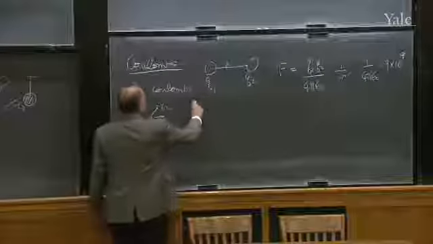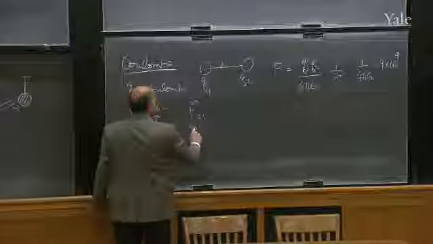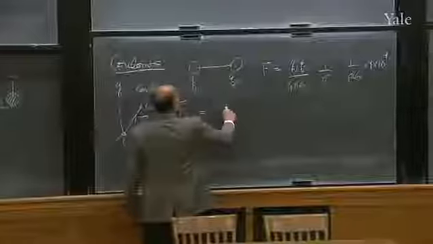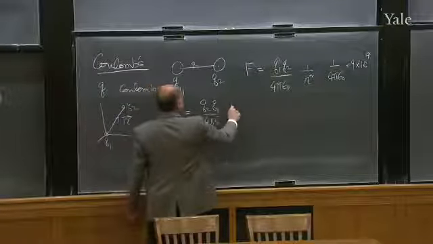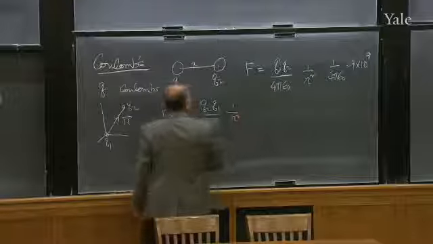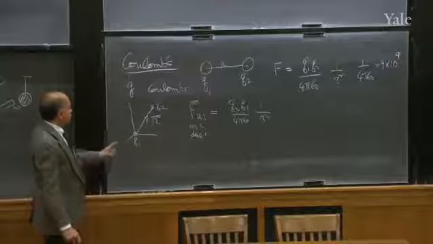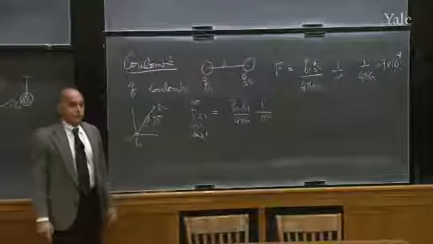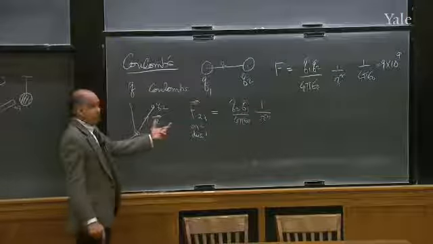Then the force on 2 due to 1 is given by Q2, Q1 over 4 pi epsilon 0 times 1 over r squared. That's the magnitude of the force. But I want to suggest that the force is such that Q1 pushes Q2 away.